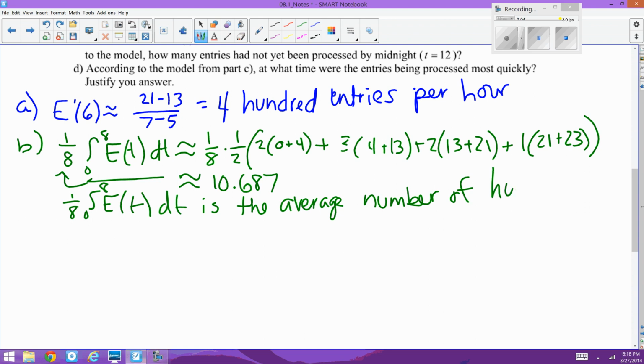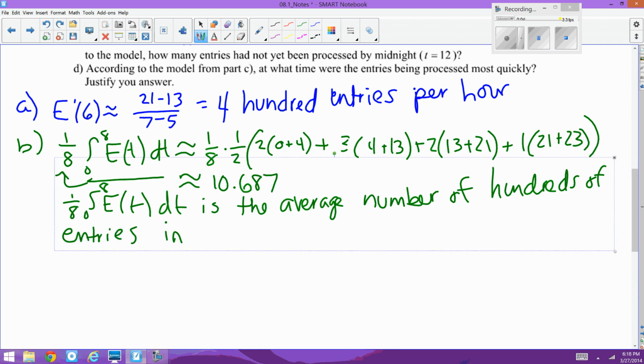Remember, that's what our units are. Hundreds of entries in the box between, and we should say the times that we have, where t equals 0 is noon and 8 p.m.